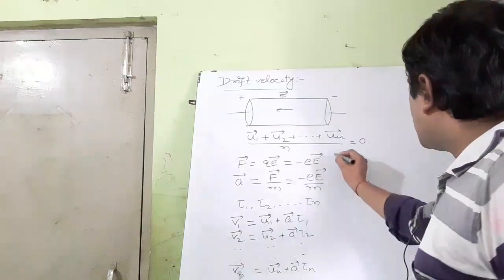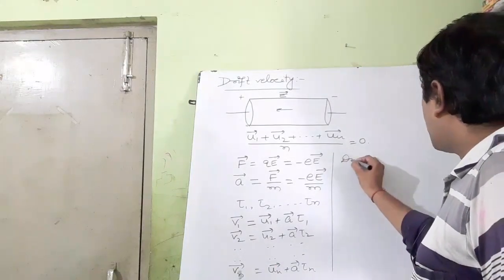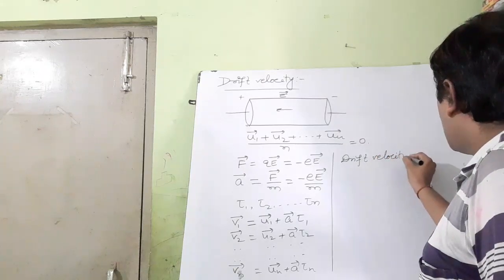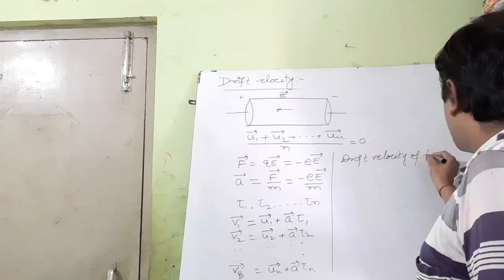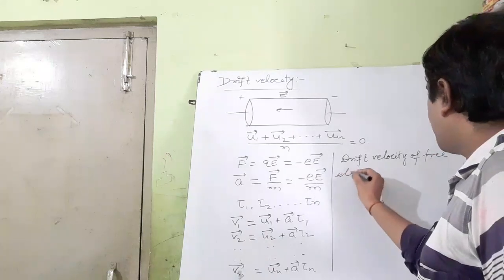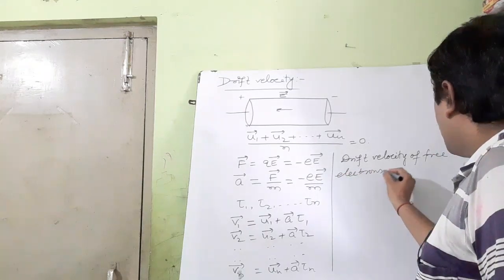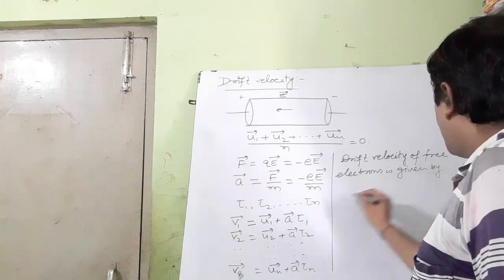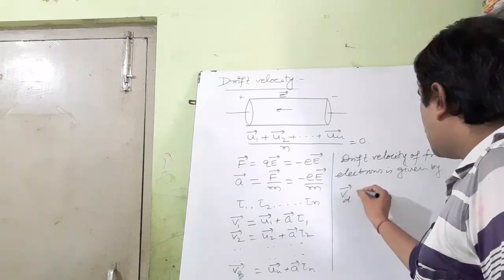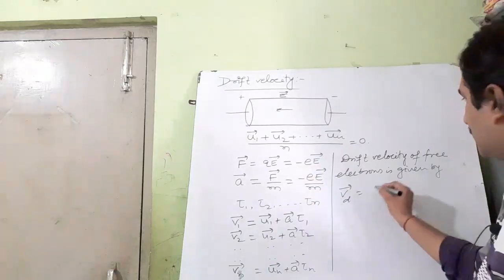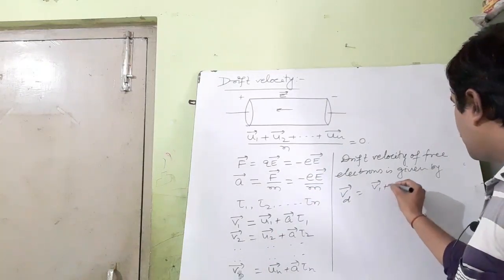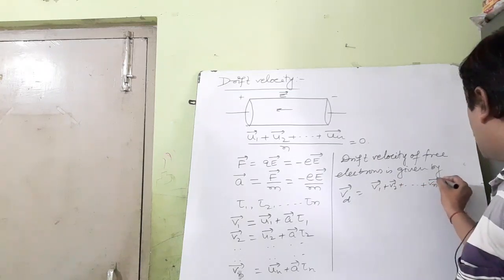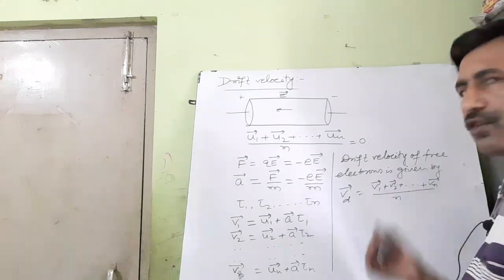The average of these velocities is called drift velocity. Therefore, the drift velocity of free electrons, Vd, is the average of v1, v2, vn: (v1 + v2 + vn)/n.